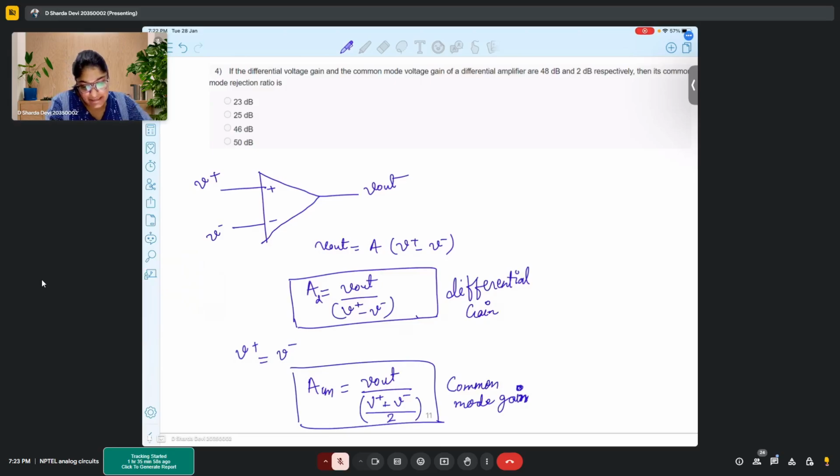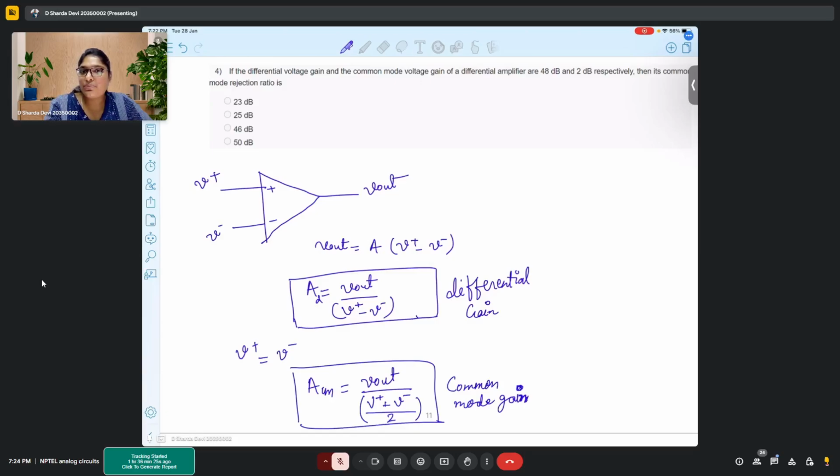Ideally, tell me, if my V plus equal to V minus, ideally what would happen? Virtual short. It's short, right? V plus is equal to V minus, then I should not get any output, right? Yes, ACM is 0 in that case.